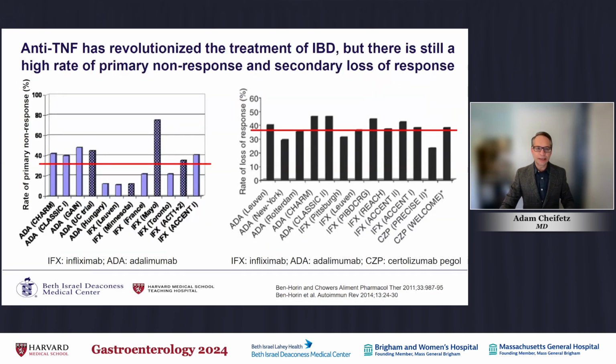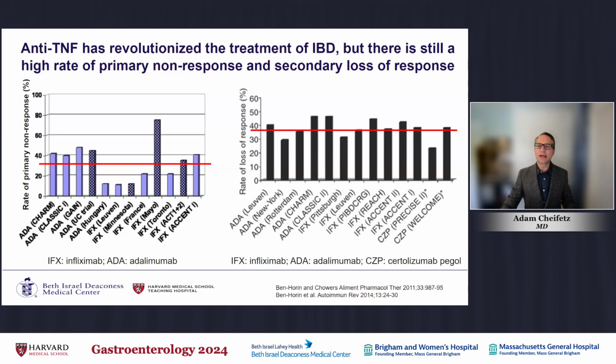So unfortunately, although anti-TNF and other biologics have really revolutionized the treatment of inflammatory bowel disease, you can see here there really is a high primary non-response and secondary loss of response. You can see on the left, really the rate of primary non-response is upwards of over 1/3 of the patients. And on the right, even within the first year, almost 40% of patients will lose response to anti-TNF therapy.